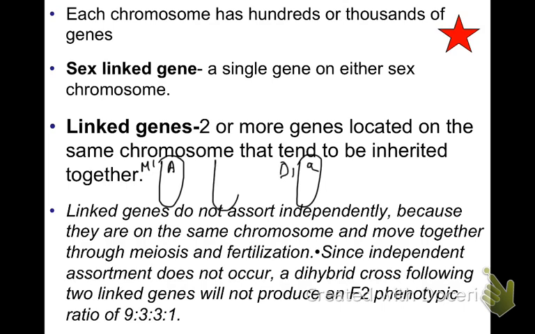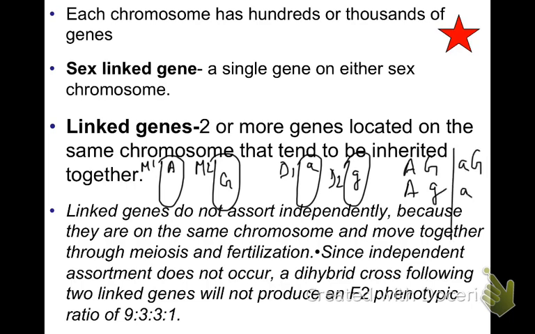This is chromosome M2, which has capital G. And this is chromosome D2, which has small g. Now when these assort in meiosis, I can have 4 different combinations. One could be capital A, capital G, or capital A, small g. I can have small a, capital G. I can have small a, small g.